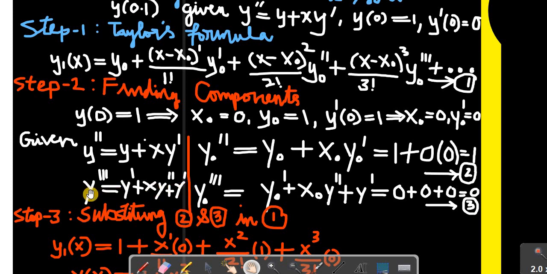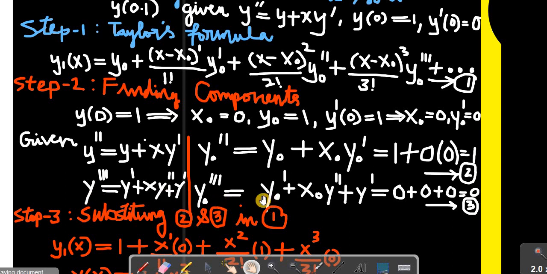Now again I want the third derivative of y at x equals 0. That means y not triple dash, I mean the third derivative at x equals 0. That notation is y triple dash 0.